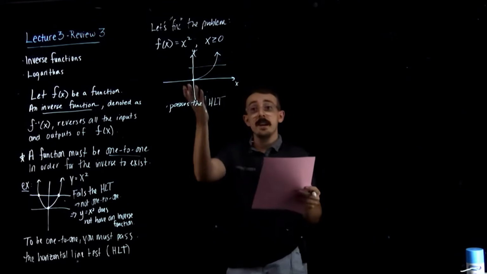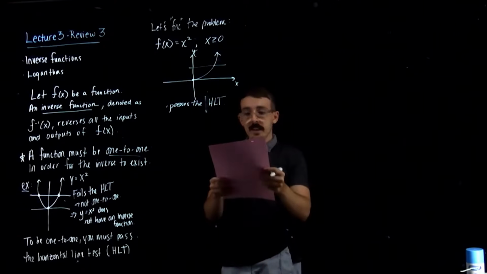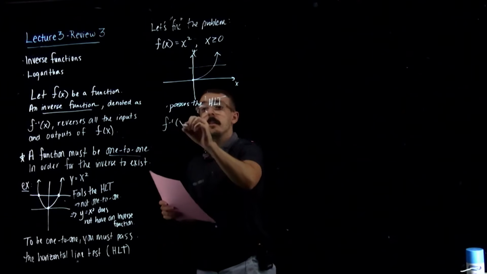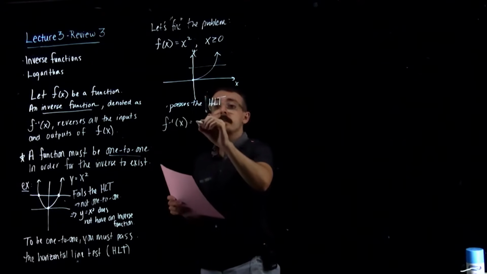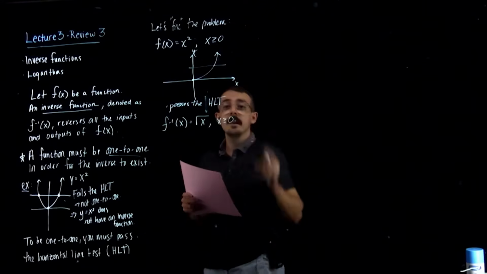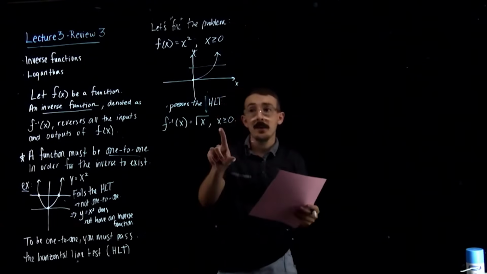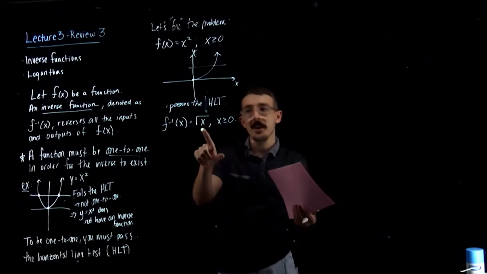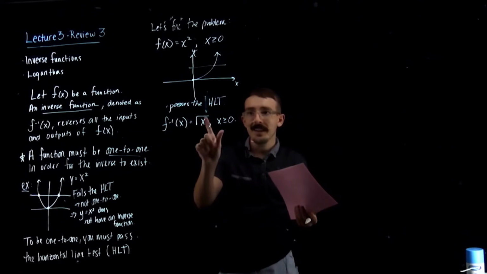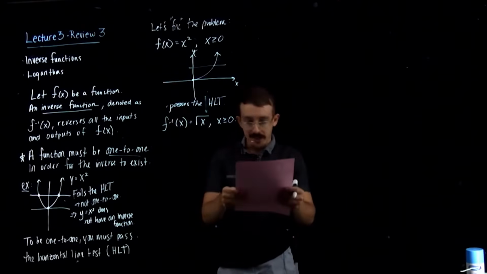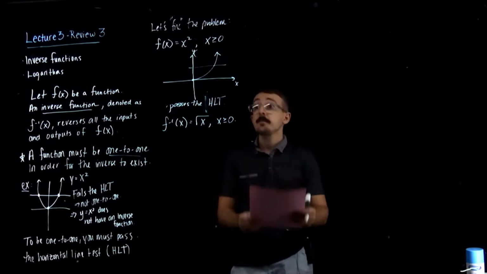It turns out this does have an inverse, and the inverse function is the square root of x for x at least 0. And we know that that's where this function is defined from the last lecture. You can't plug in a negative value for that function. So this and this turn out to be inverses of one another.